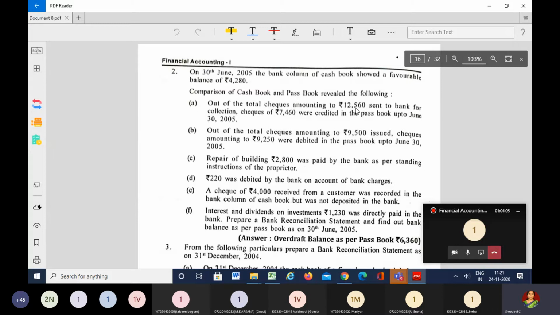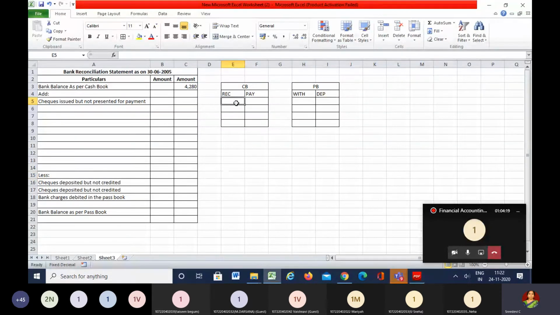So the total checks deposited in the bank is 12,560, but only 7,460 has been credited up to 30th of June. That means in the cash book we have made an entry of 12,560, whereas in the passbook the total amount credited is only 7,460. Now which book is more according to this?